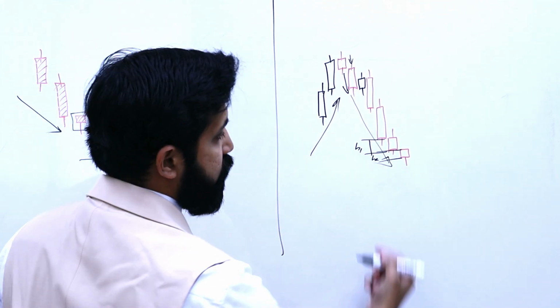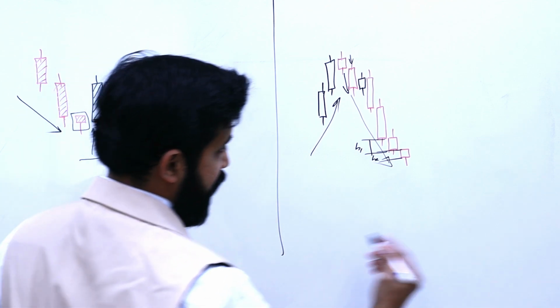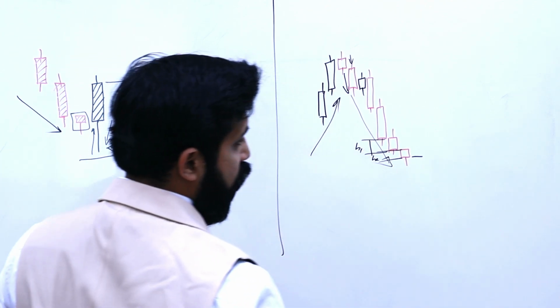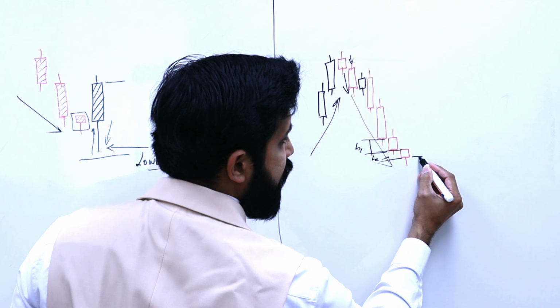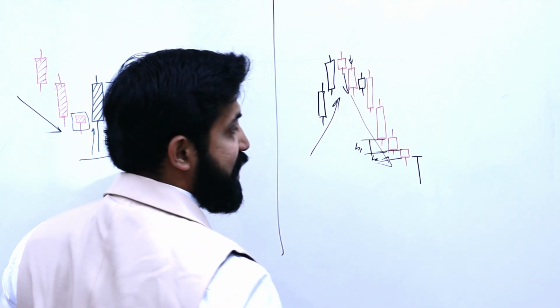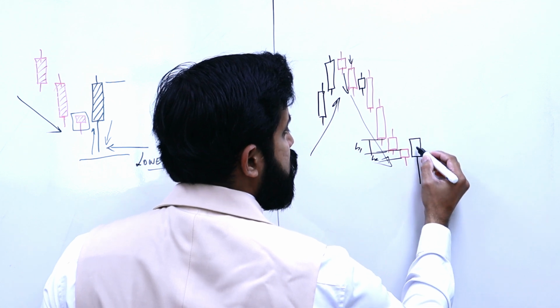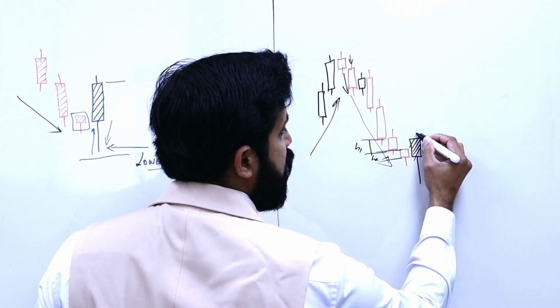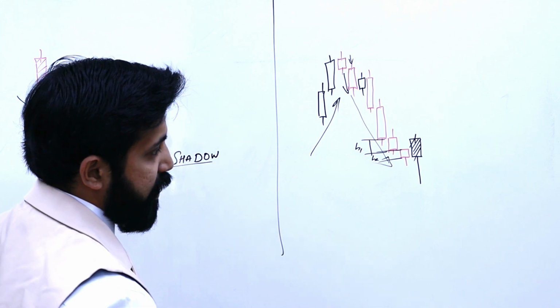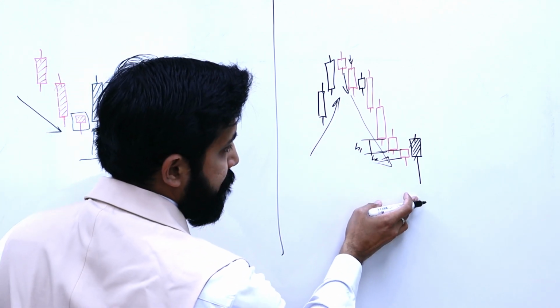So the size is decreasing, meaning the momentum is reducing. And then what happens? Even though the candle opens here and you get a long wick to the downside, the body usually goes up and closes. That is showing you something bullish happening.